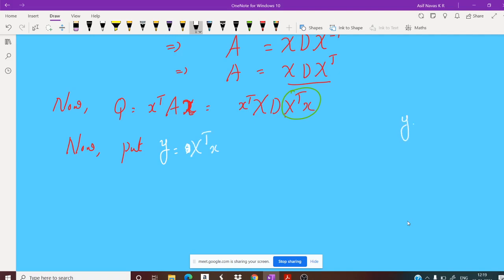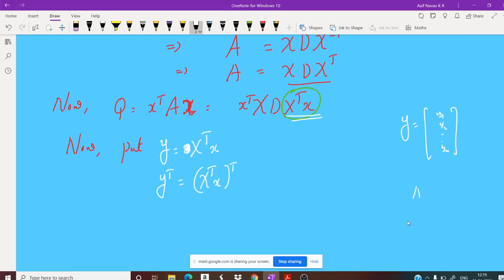So y is of the form y1, y2, etc., yn. What is y transpose? It is (X transpose x) all transpose.